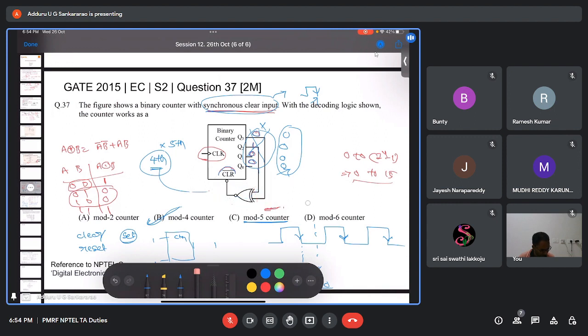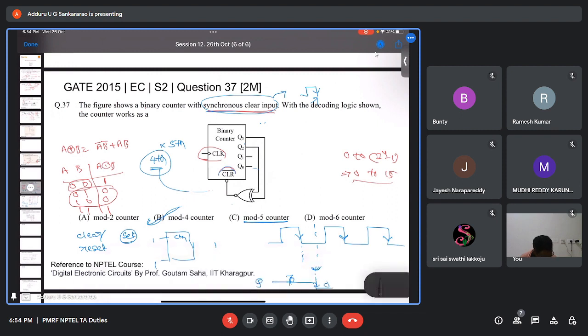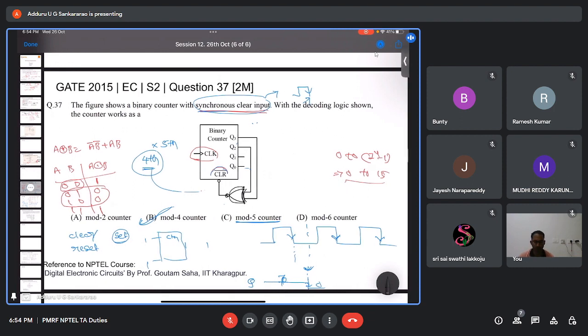Suppose we use some NAND gate instead of the XOR gate. Any gate we can use. This is one way of connecting Q2, Q3, Q4 like that. There are different ways of connecting also.